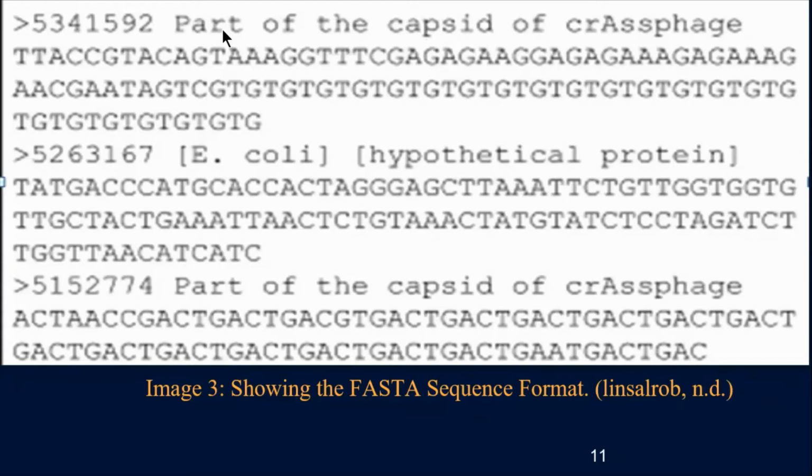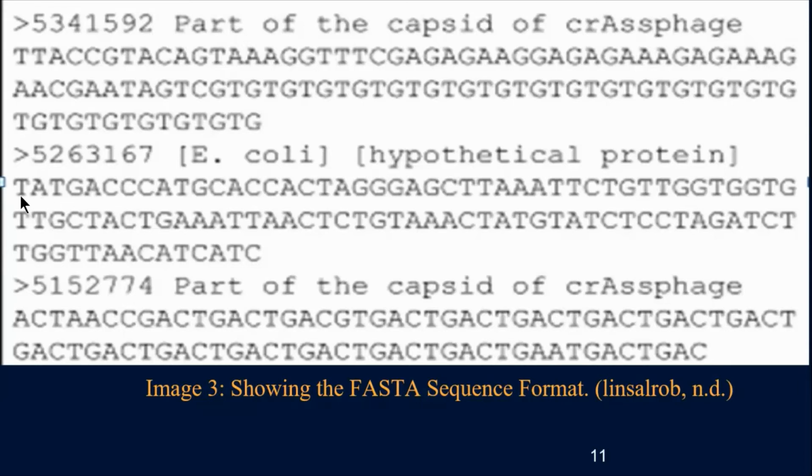As you can see here, we have part of a capsid of the CrAssphage. We have the E. coli, which is the hypothetical protein. Then we have part of the capsid CrAssphage again, but each has different numbers, which basically shows that they are different.